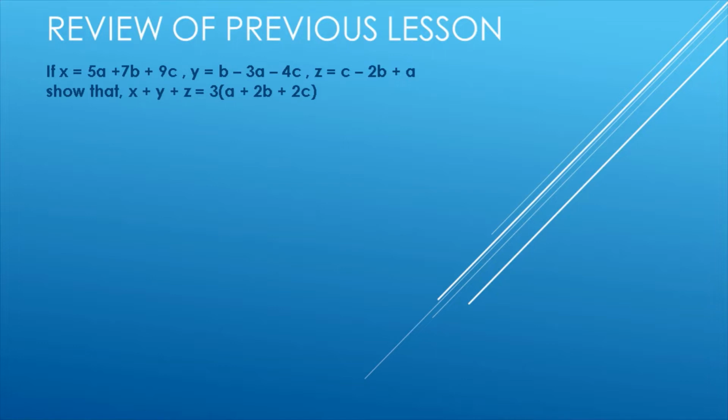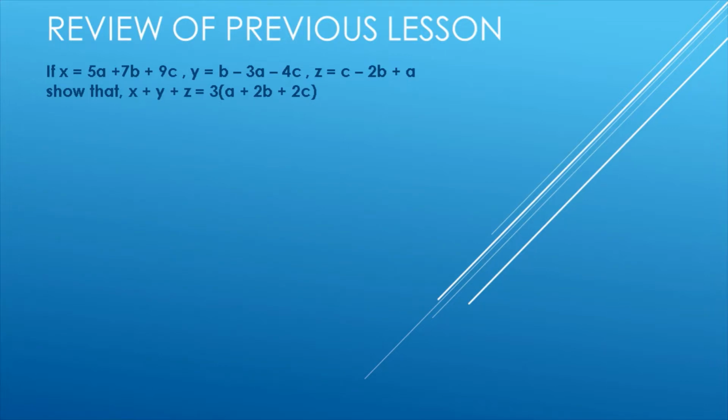If x equals 5a plus 7b plus 9c, y equals b minus 3a minus 4c, z equals c minus 2b plus a, show that x plus y plus z equals 3 multiplied by (a plus 2b plus 2c). So my dear students, here we have to make the left side and right side equal, then we can get the solution.